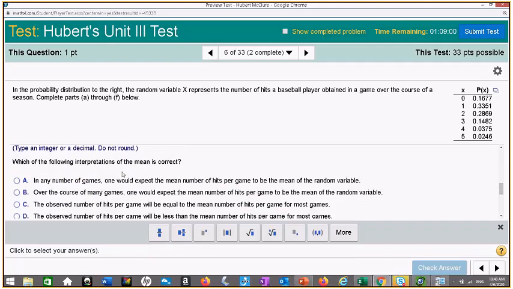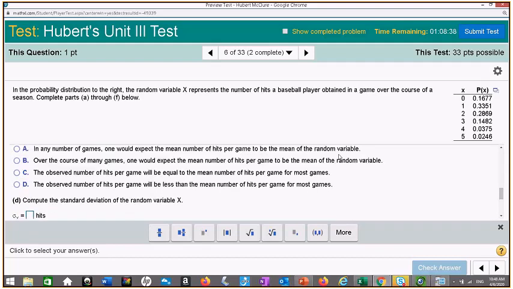Which of the following interpretations of the mean is correct? In any number of games, one would expect the mean number of hits to be the mean of the random variable. Over the course of many games, one would expect the mean number of hits per game to be the mean of the random variable. The observed number of hits per game will be equal to the mean number.